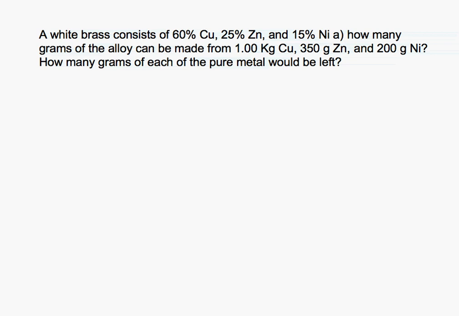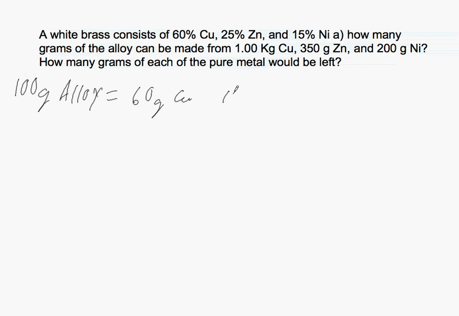Okay, the first thing we need to understand is what an alloy is and what the relationship in the alloy is to all of the different metals. So we know that 100 grams of the alloy is going to be equal to 60 grams of the copper.